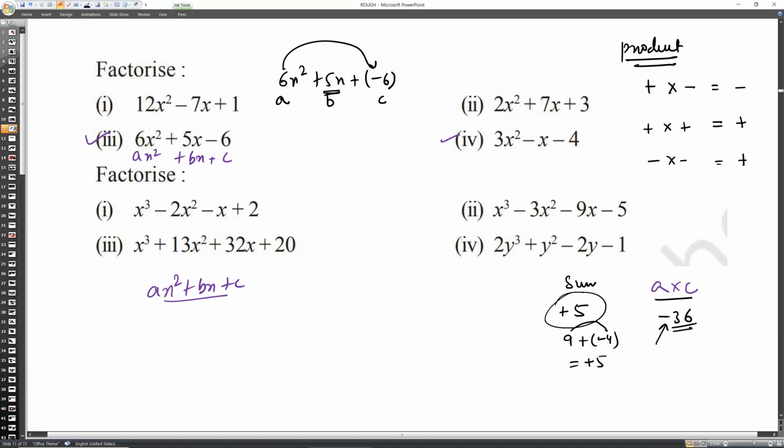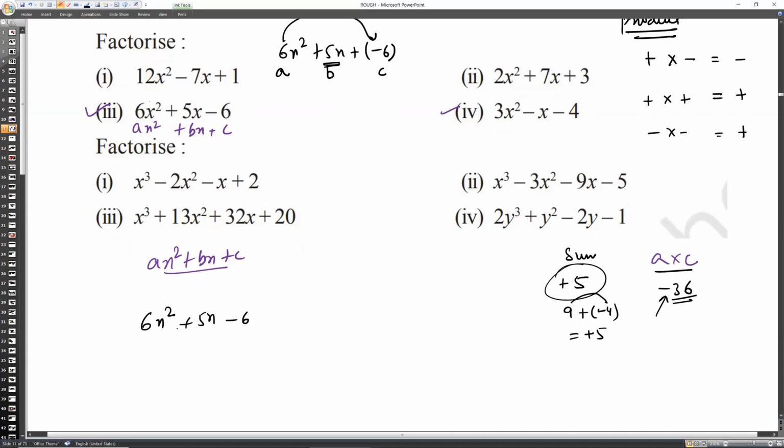Now you have to write it this way: 6x square, then plus 5x, and then minus 6. Then you have to split this middle term. This is very important: whenever you have two numbers with opposite sign, try to put the negative number in the second position.